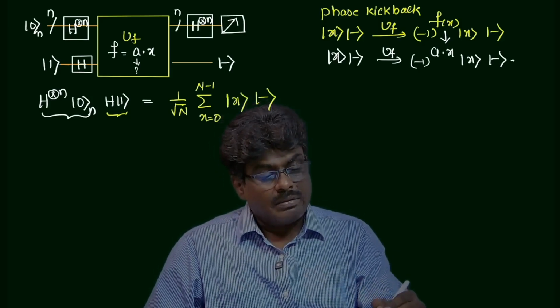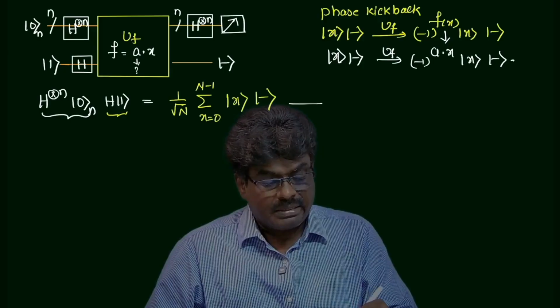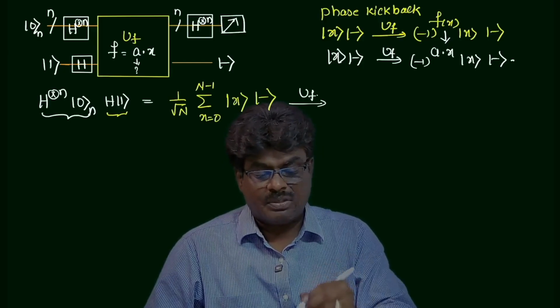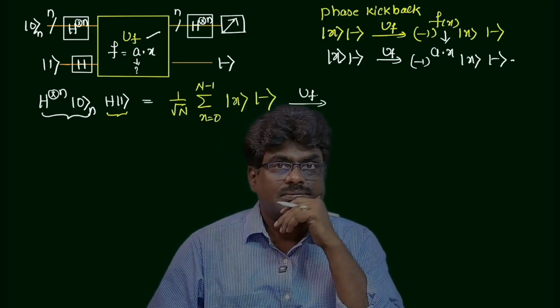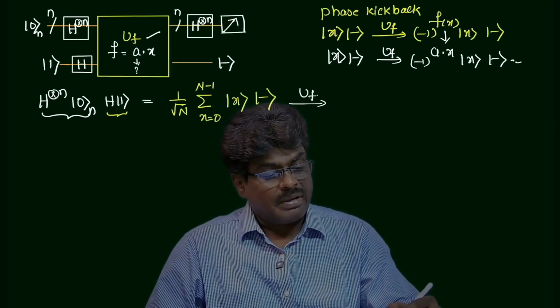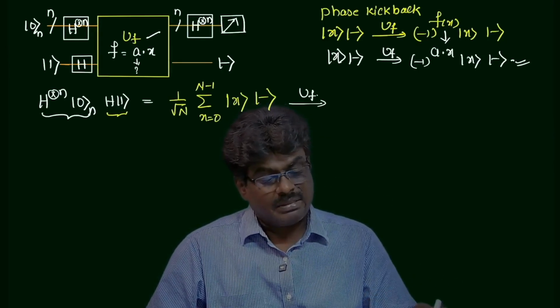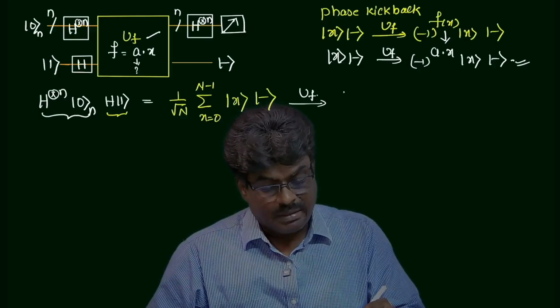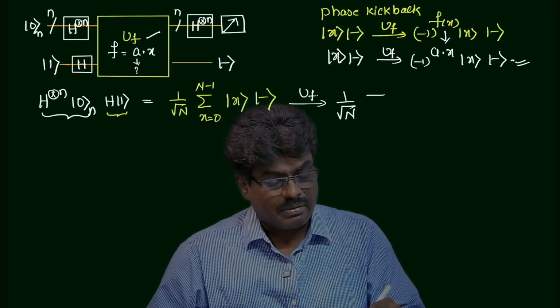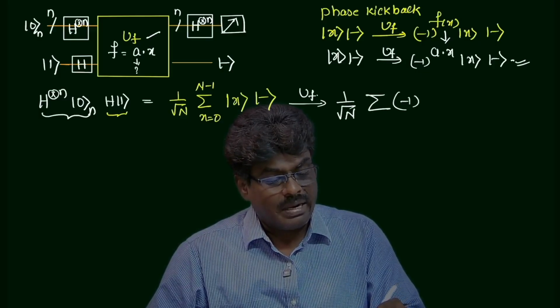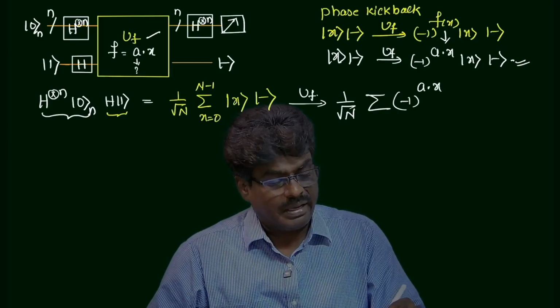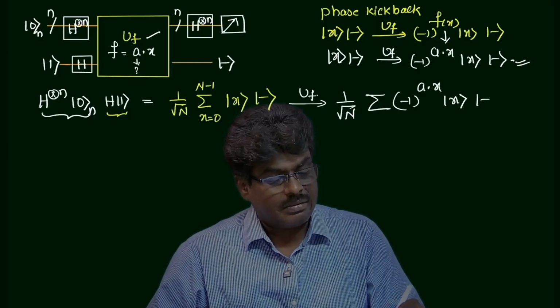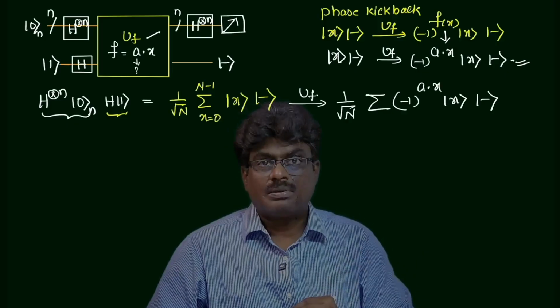Okay, now we are operating this U_f, this unitary operation. Here we already have this phase kickback result, just apply that. This is nothing but 1 over root N summation (-1) to the power a dot x, x minus. So very simple.